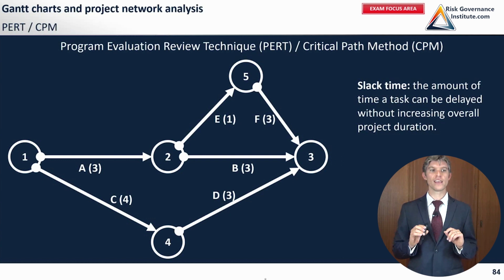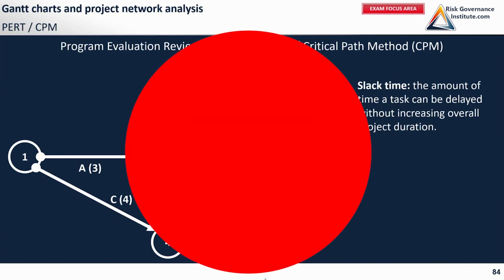That's going to be one of the letters, A, B, C, D, E, or F, which are synonymous with weeks of time, where you could delay a certain activity, maybe get someone from that activity onto another one, and delay that activity by a little bit of time. Indeed, the activity that we can increase is between 2 and 3. It is duration B. We can add a slack time of 1, which would change B not from 3 but into 4.